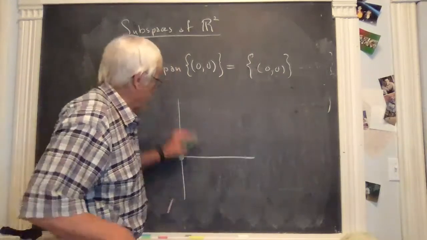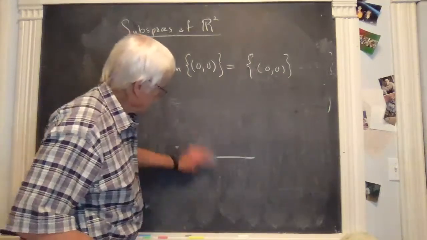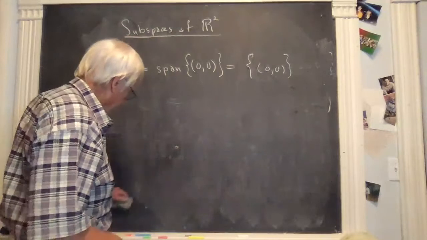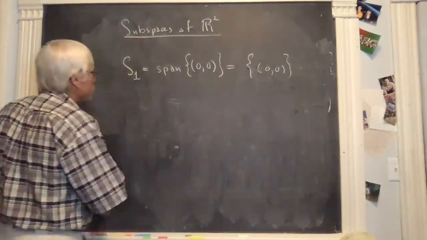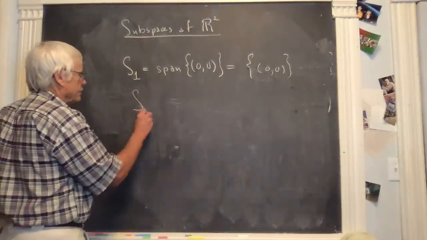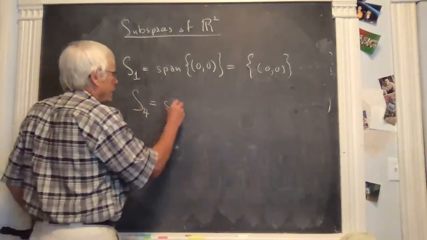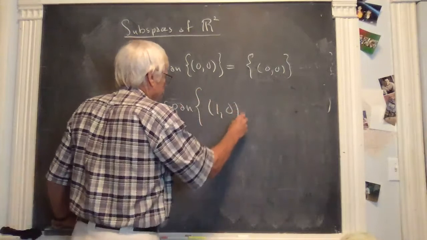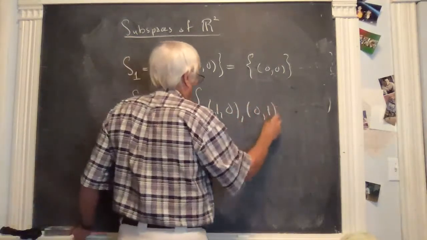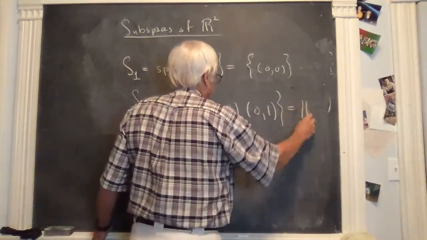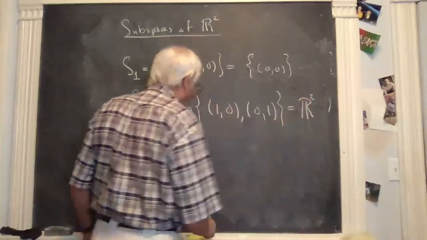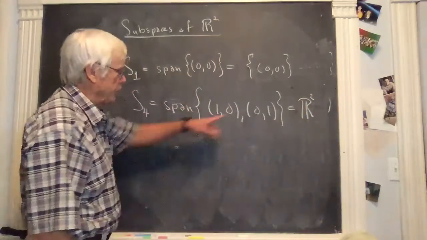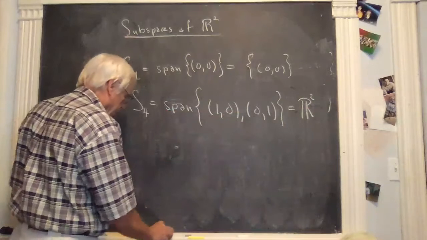There's another one too. If you take the span of, say, (1, 0) and (0, 1), you get everything. You get all of R2. Every vector in R2 is a linear combination of these two.